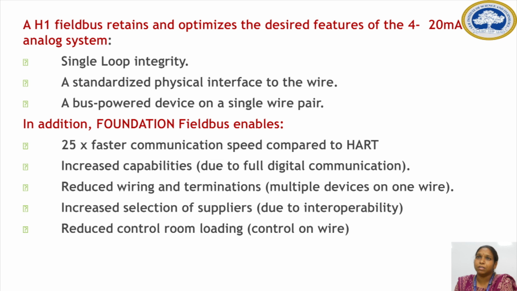An H1 field bus retains and optimizes the desired features of the 4 to 20 milliampere analog system. It offers single loop integrity, a standardized physical interface to the wire, and a bus powered device on a single wire pair. In addition, the foundation field bus enables 25 times faster communication speed compared to HART, increased capabilities, reduced wiring and terminations, increased selection of suppliers, reduced control room loading, or it can be a control on wire.